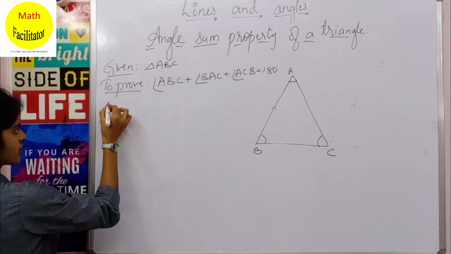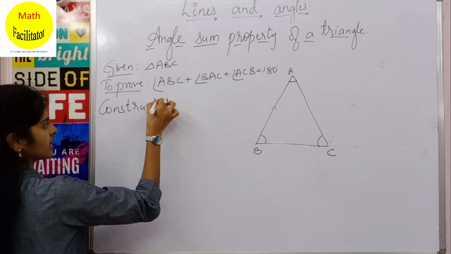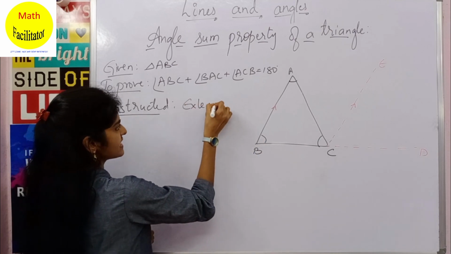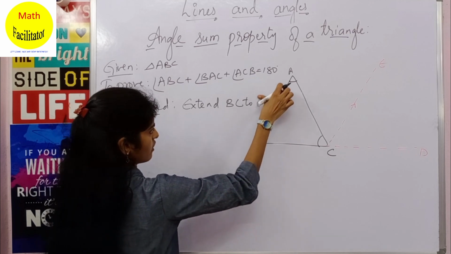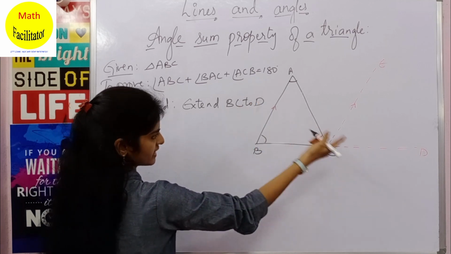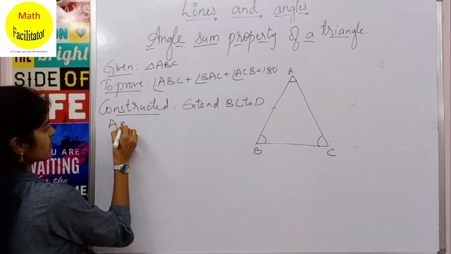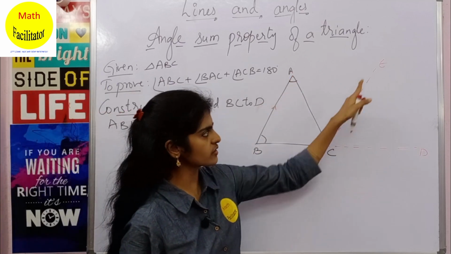So in the construction steps, you have extended BC to D, and also you have constructed CE parallel to AB.